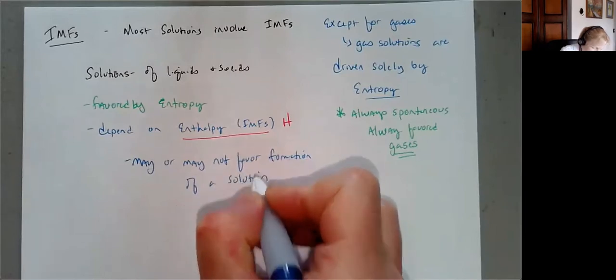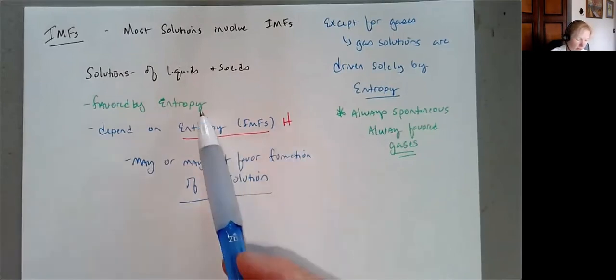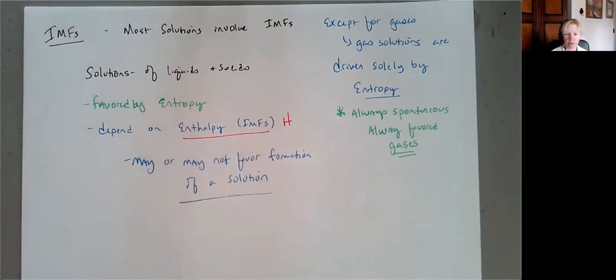So we're going to look and see what are the conditions where enthalpy will favor the formation of a solution, and what are the conditions where enthalpy will not favor the solution. And then the magnitude between enthalpy and entropy will determine whether your solution will form or not.